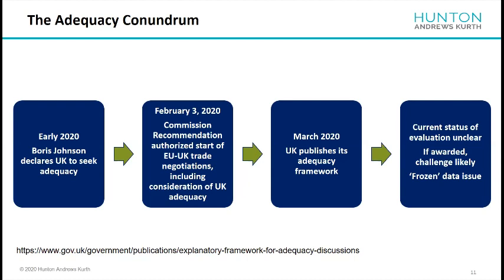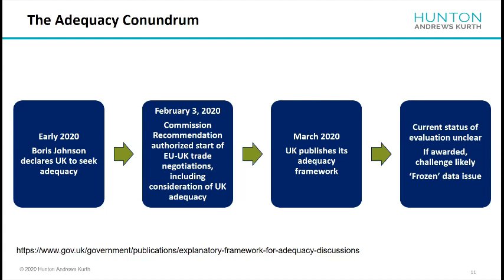We have provided a link on this slide to the UK framework documents, all 18 of them, which in effect make up the UK's application for an adequacy finding. Now, the political aim may be to dovetail the commercial negotiations and the adequacy finding, but there is no guarantee of that.